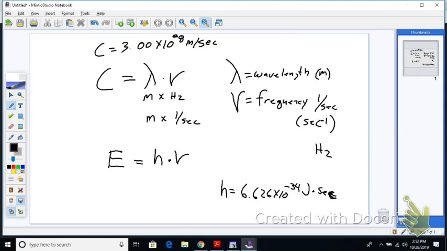Yes. And the reason why it's so tiny is because an electron is so tiny. So if we would find a frequency and plug in there, and we multiplied it by Planck's constant, we're usually going to get energies out that are like to the minus 18th, 19th, 20th.